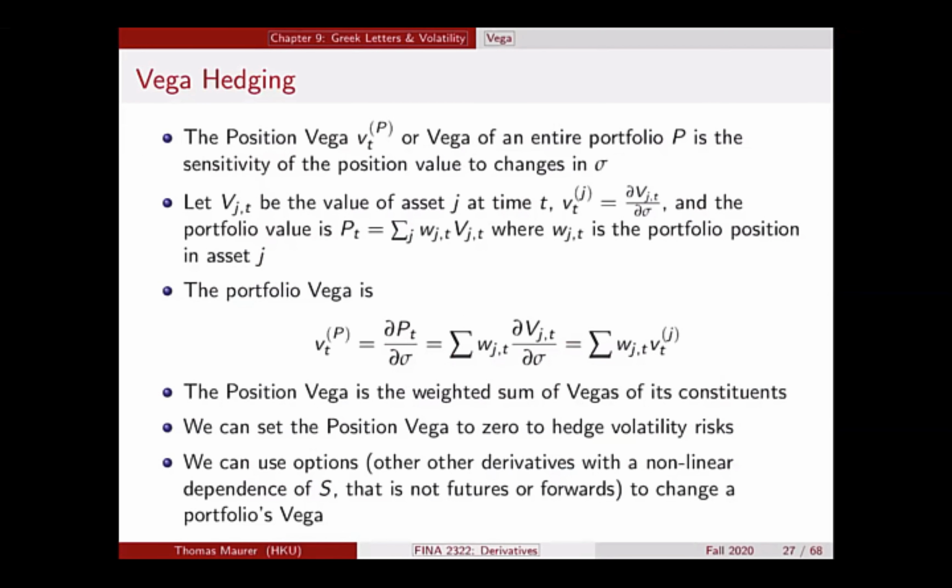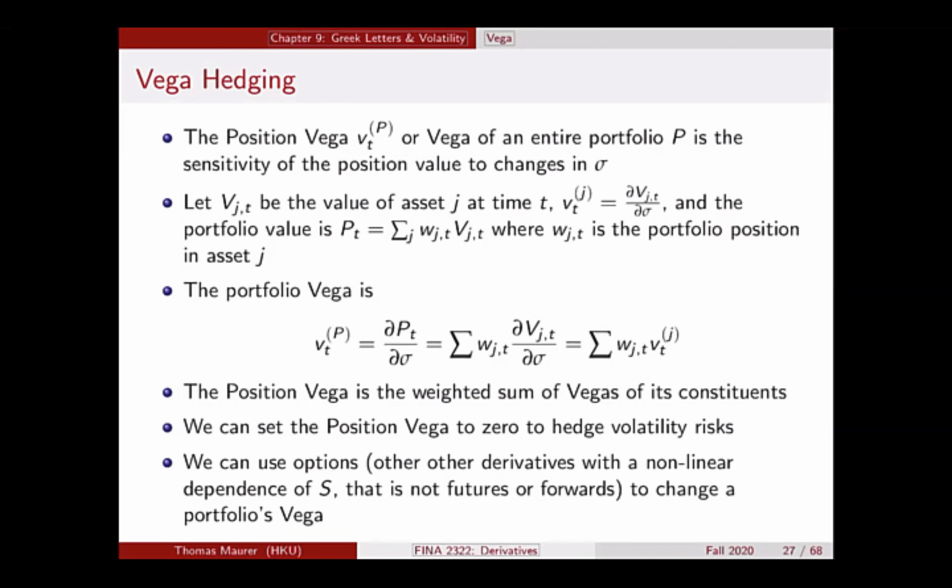How do you hedge Vega? So again, if you look at an entire portfolio and think about how this portfolio value changes as the sigma of an underlying asset changes a little bit, well, rewriting the portfolio price again as this weighted sum of the values of all the assets and taking the derivative with respect to sigma, that tells us portfolio Vega is just the weighted sum over all the Vegas of the individual assets in your portfolio.